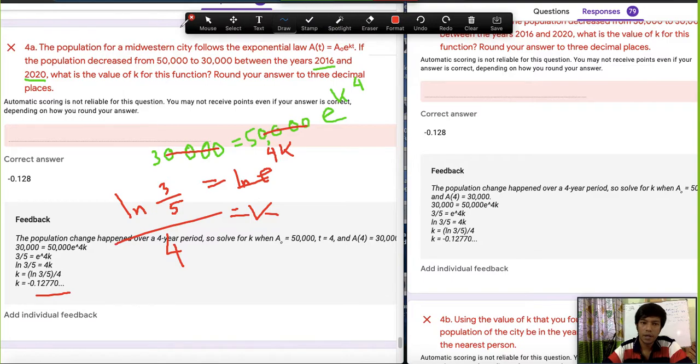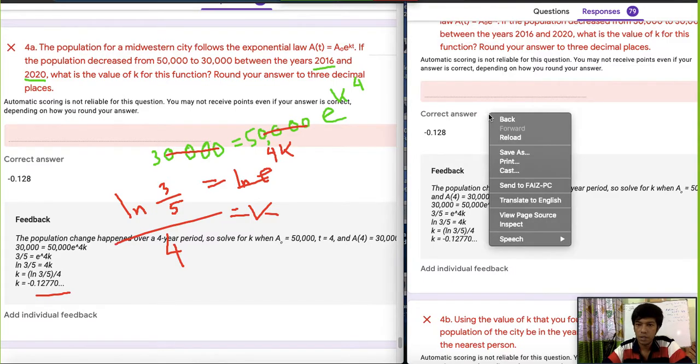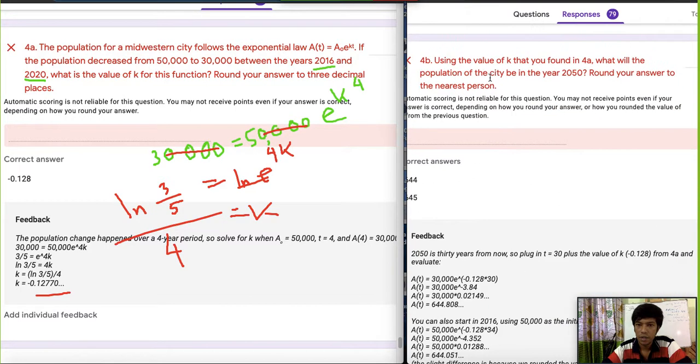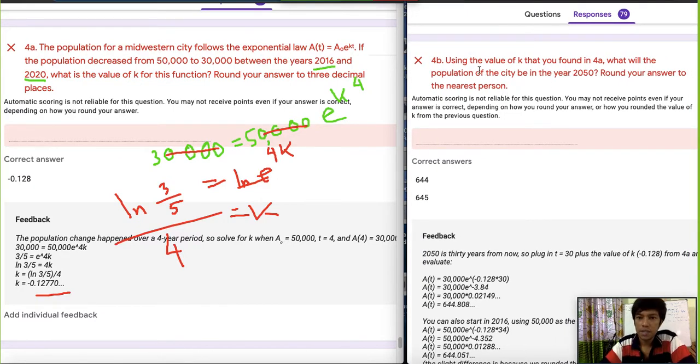So let's look at the next part of the math. Using your value of k that you found in 4a, what will the population of the city be in 2050? Now our question is 2050. In that year, what will be the population of that city?